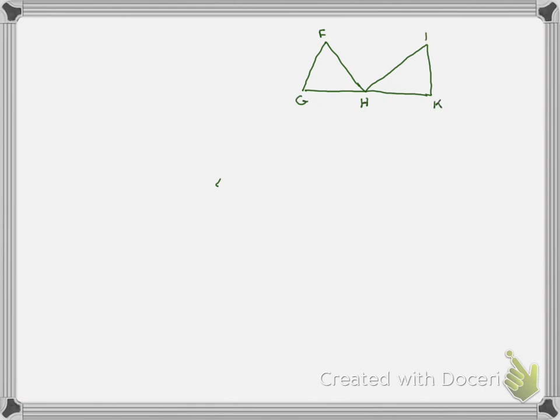That is going to help you determine how these triangles are congruent to one another. Keeping in mind, SSS is not the only triangle congruence theorem that we've got. There are 4 of them.